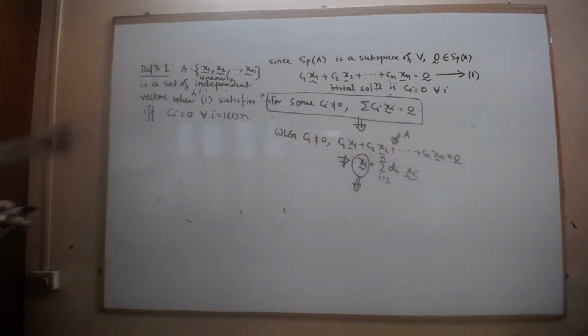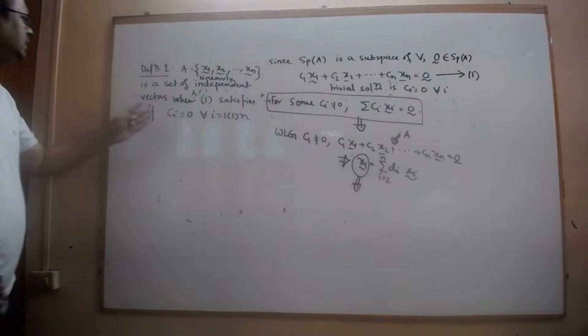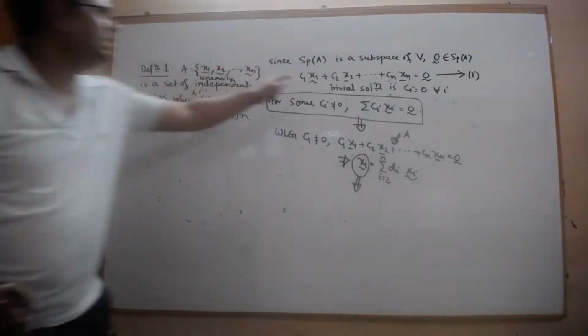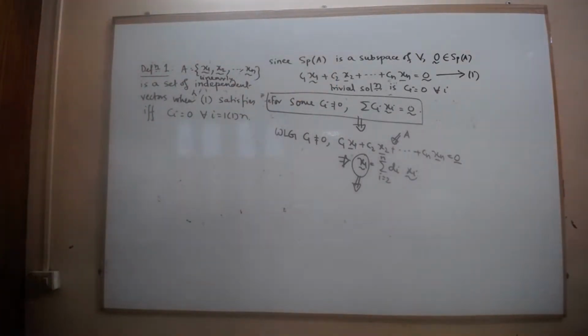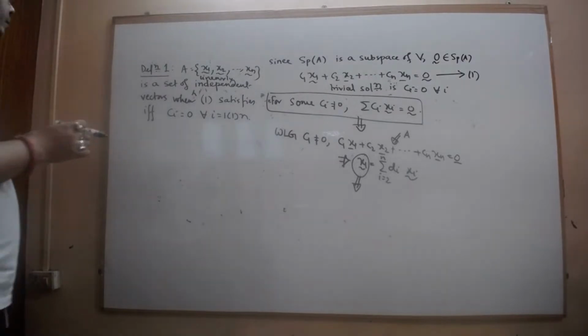So A is a set of linearly independent vectors when equation 1 is satisfied only when all Ci are 0.